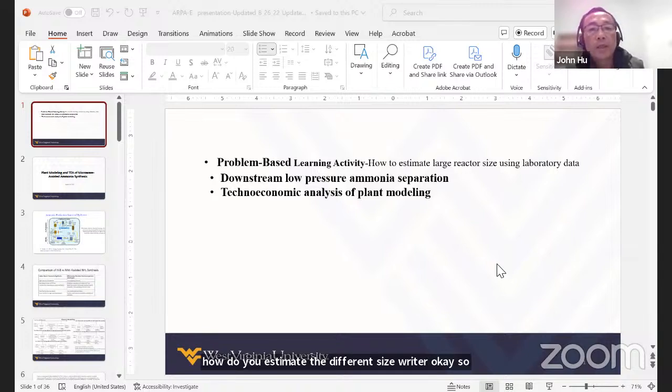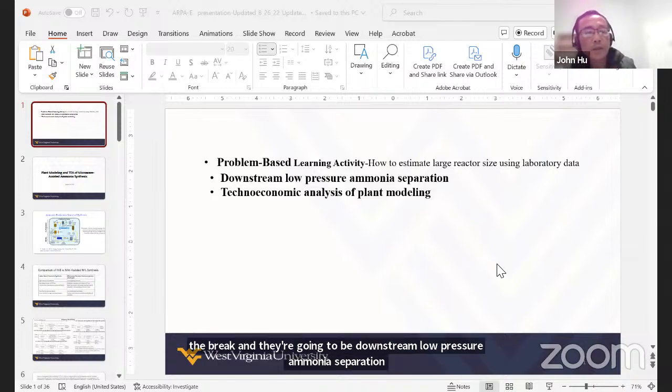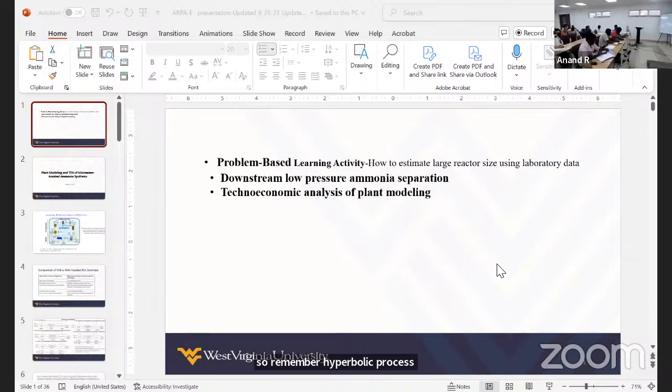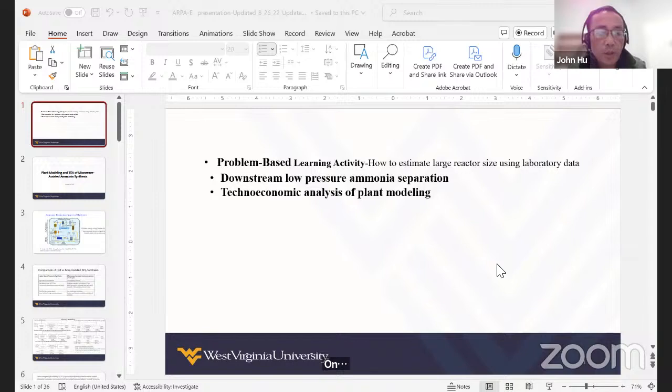Then the second session, after the break, is going to be downstream low pressure ammonia separation. Remember, the Haber-Bosch process is a high pressure reaction, and then you have to use high pressure cryogenic separation.